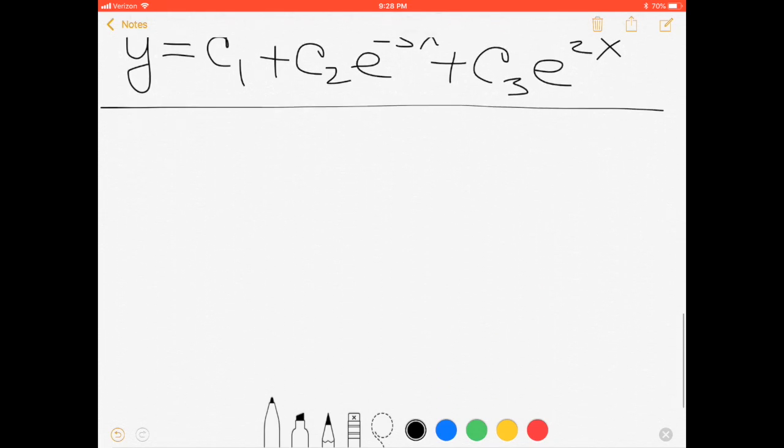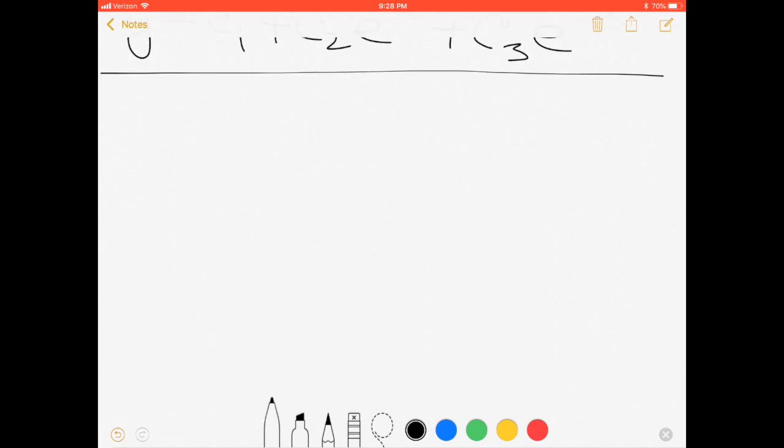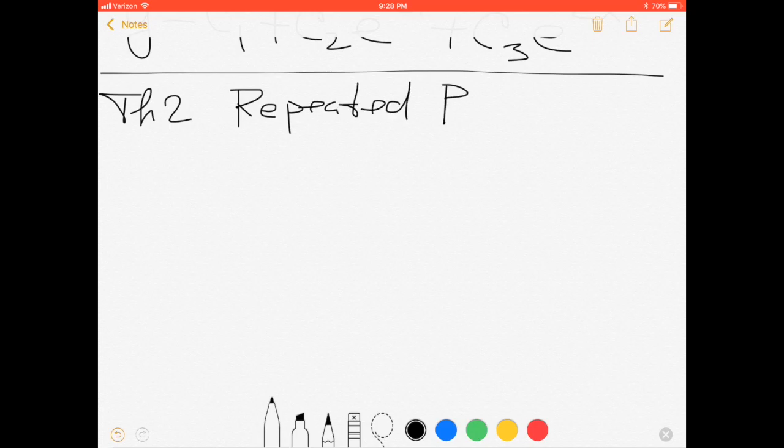This is our general solution. Now maybe we have a different situation. Maybe some of the roots are repeated a couple of times. Theorem number 2. What happens if we have repeated roots?